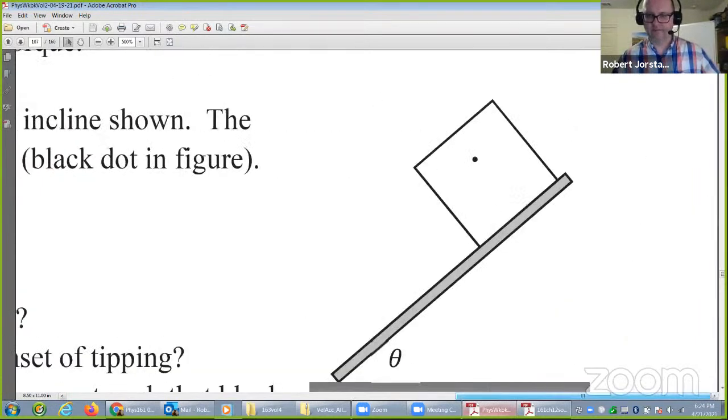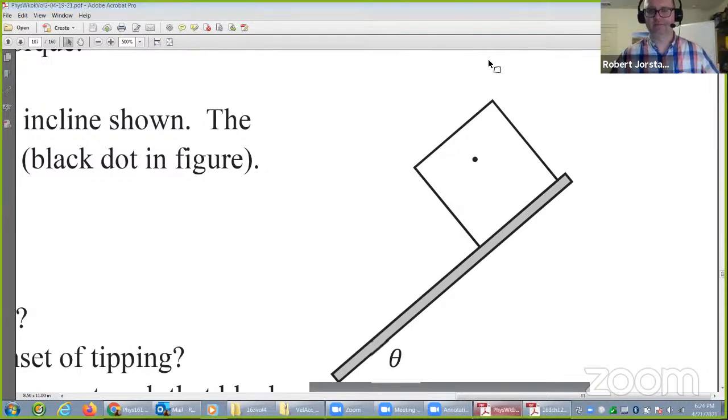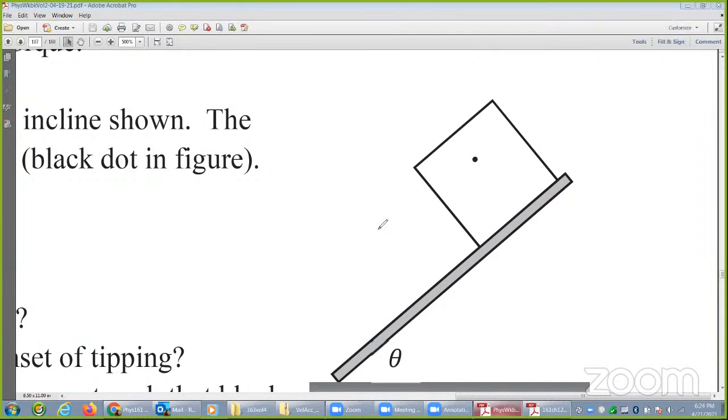Let me get over there. All right. So imagine we have this situation. You're raising this platform up and up and up. It's going to tip over at some point. Which point acts like the pivot point if it's tipping? Should be the bottom of the corner. This is going to be the pivot point.